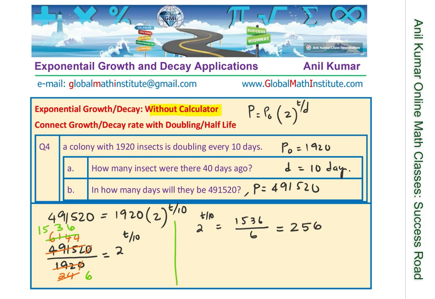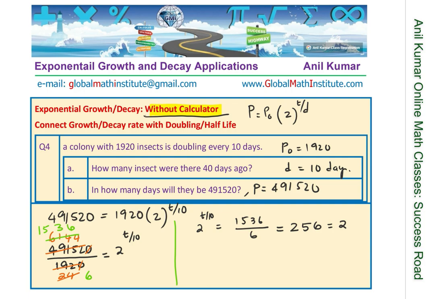Correct. Now 256 can be written as 2 to the power of something. You get the idea. So basically we have to write this as a power of 2, and that's what is required, since the test is without calculator. So how do you write 256? 2 to the power of 10 is 1024.